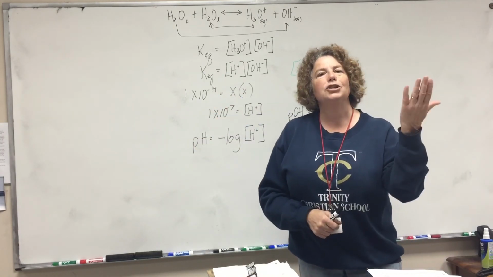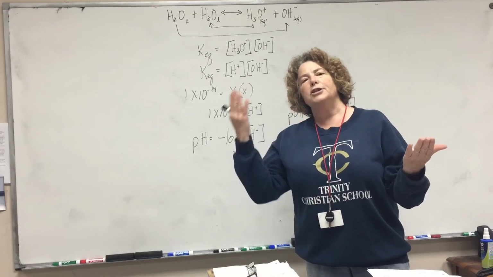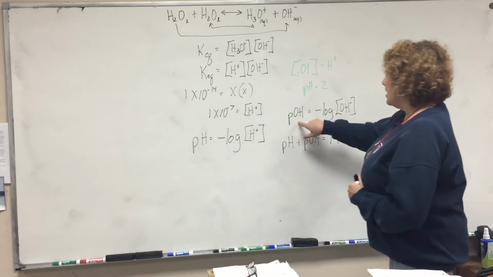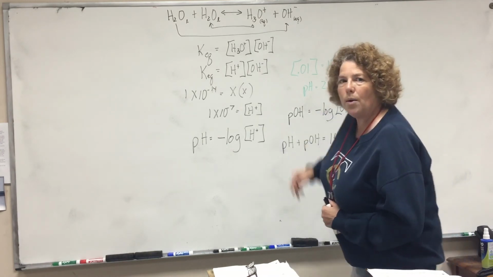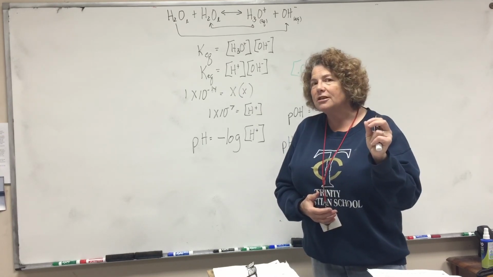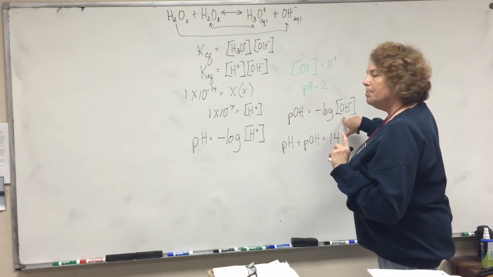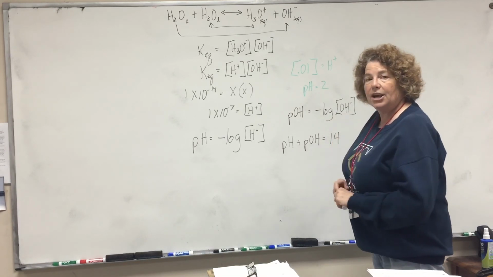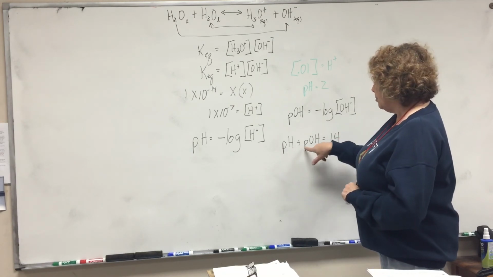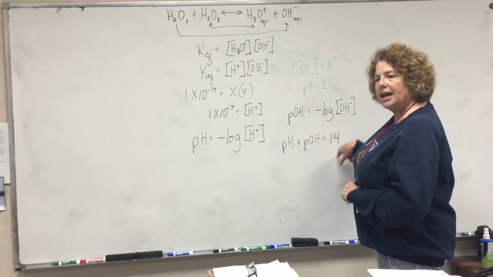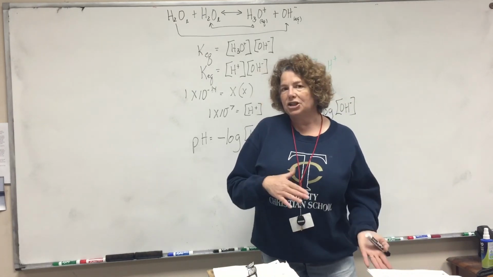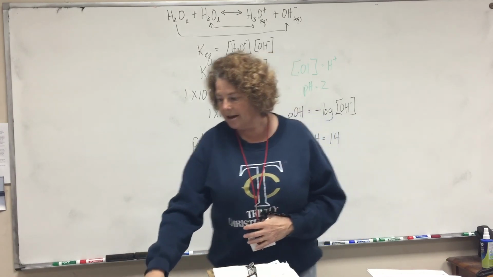So if you have a pH of 2, you have a pOH of 12, because 12 plus 2 is 14. So if you are given the concentration of OH ions and they ask you for the pH, you can simply plug the OH ions into the pOH formula. Once you find that, do pH plus the number you got equals 14, subtract it, and you get the pH. So that's how you can convert from the pOH scale to the pH scale.